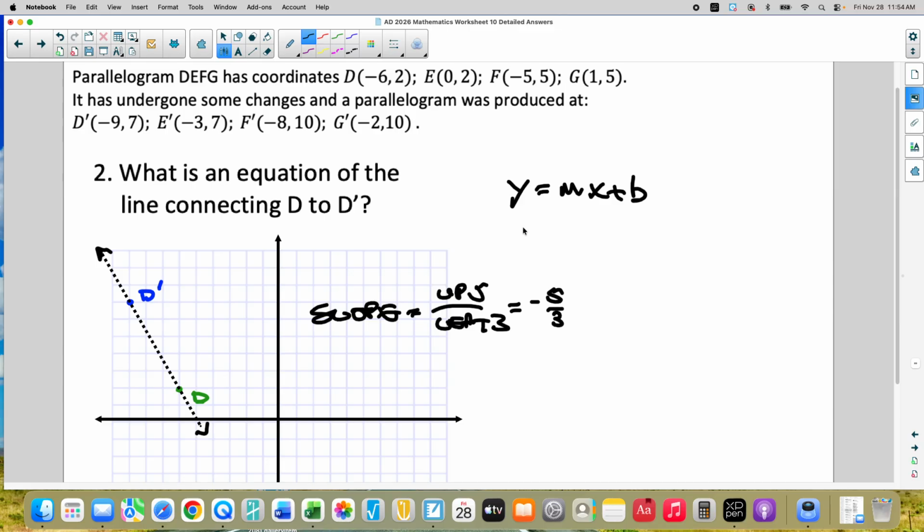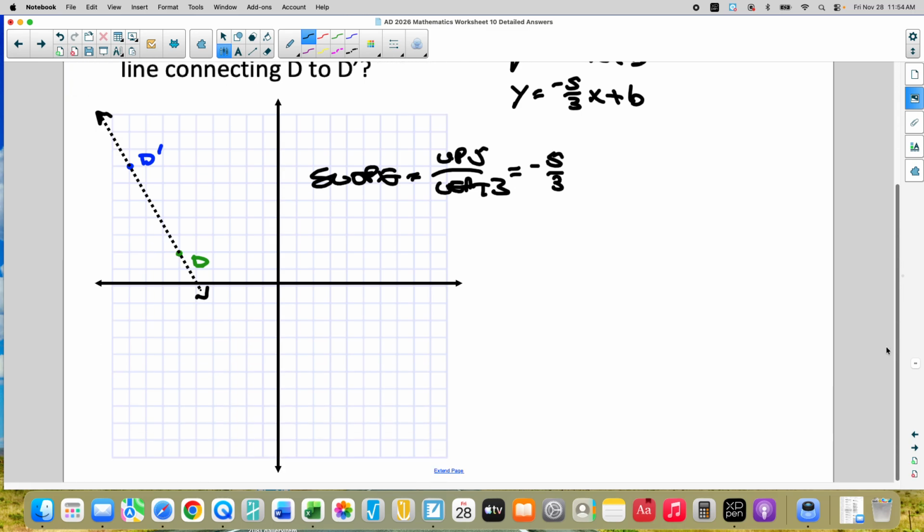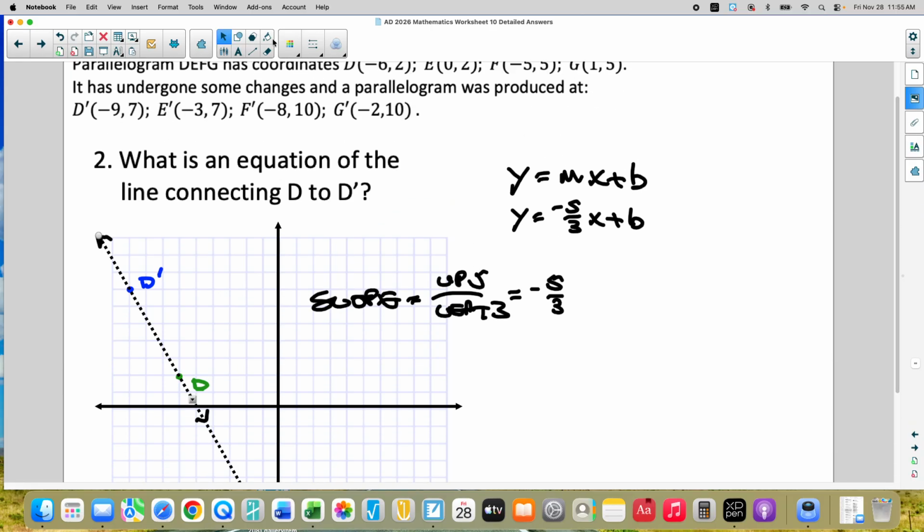So I have y equals negative 5/3 x plus b. Now I can continue to extend this. I could extend it out and take an estimate about what I think it is, maybe negative 8.